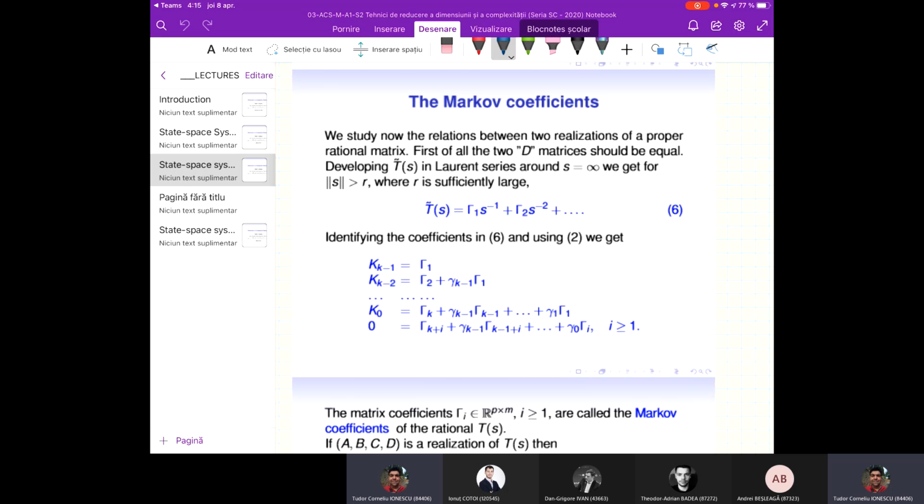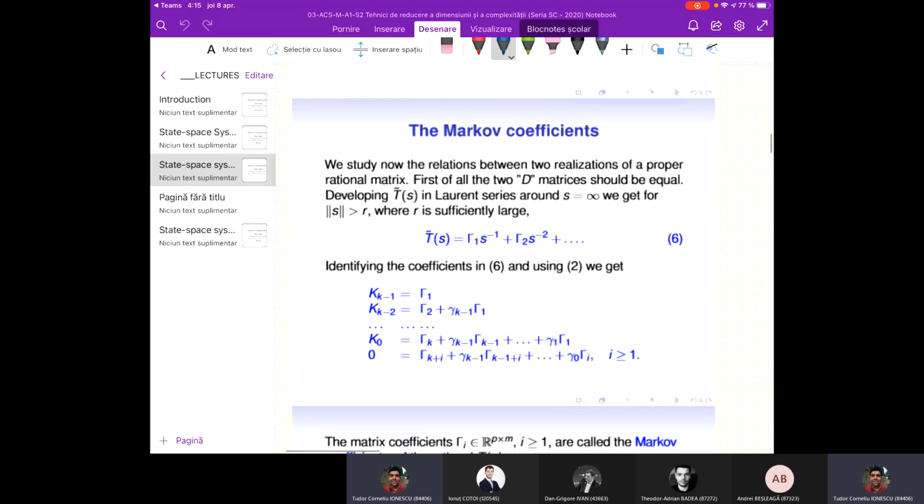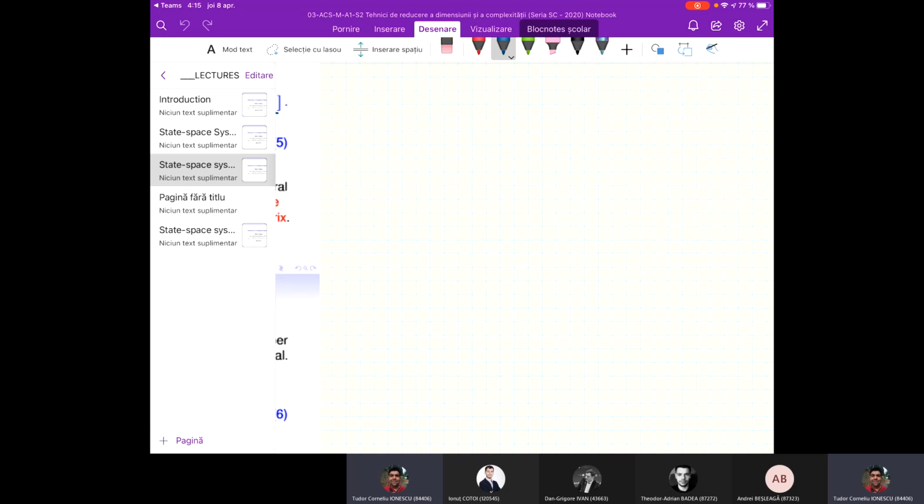All right, mates. Let's carry on. So last time, what we did so far in this chapter was this. We have ABCD. This describes a dynamical system. Okay, so we looked at stability. Transfer function.